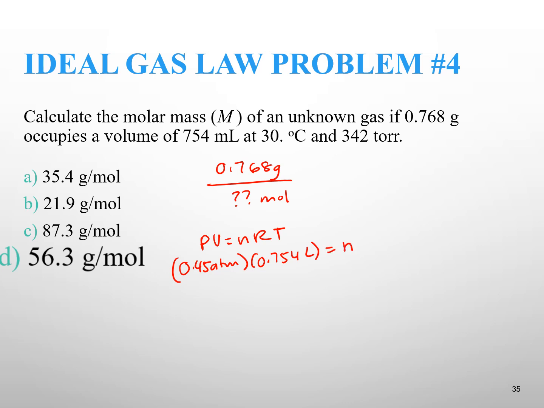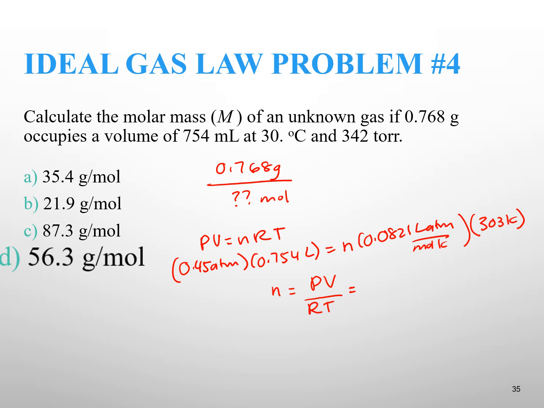n is what we're looking for. R is 0.0821, and T will be 303 Kelvin. So you solve for n, which is basically PV over RT. You put all those values together: 0.45 times 0.754 divided by 0.0821 and divided by 303.